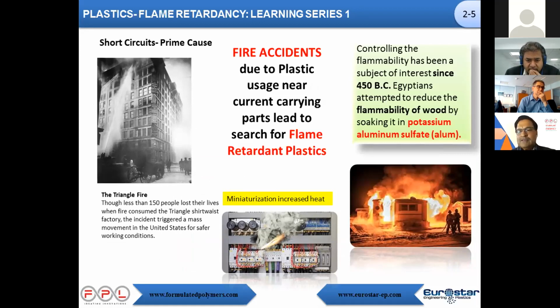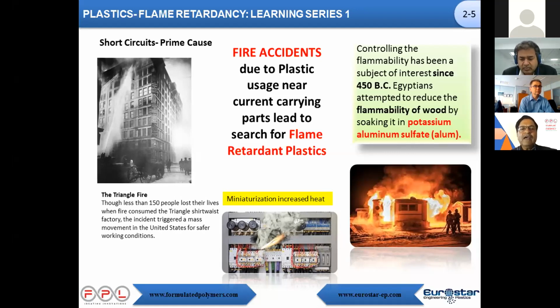I'm sure some of the movies we have seen of large fires happening in trains or in tall buildings, and all that was traced down in those days, in the 60s, to the plastic causing the fire. And of course, there is another drive happening in the industry, which is miniaturization. Now everything is getting smaller and smaller in electronics. As it gets smaller, the heat generation inside increases multifold. So that is making the plastic catch fire.